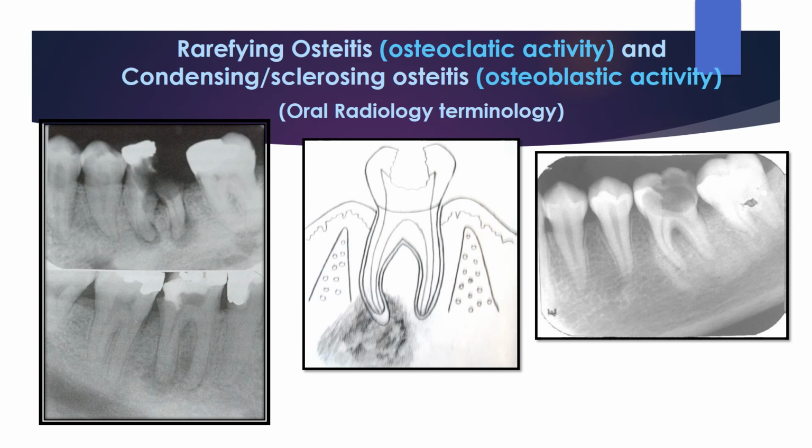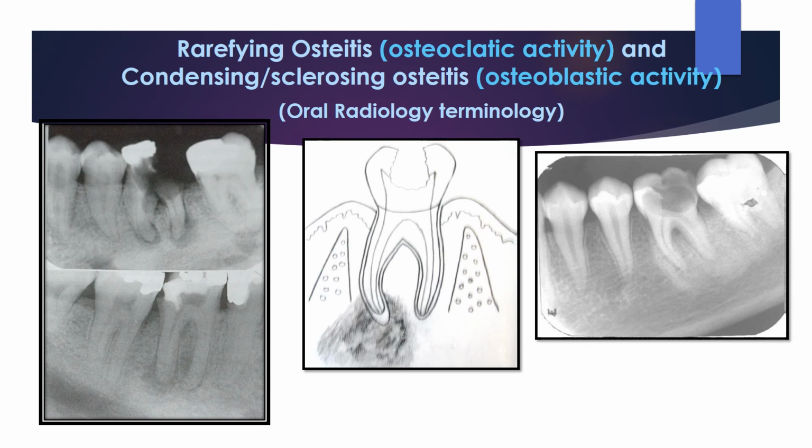As a reaction to inflammation, generally the alveolar bone reacts by bone formation, which is denoted by osteoblastic activity, or bone resorption, which is denoted by osteoclastic activity. So when there is bone resorption, you would see more radiolucency, which indicates a rarefying osteitis, inflammation of the bone, and rarefaction of the bone, which means that there is more radiolucency.